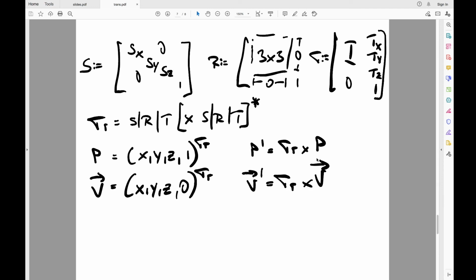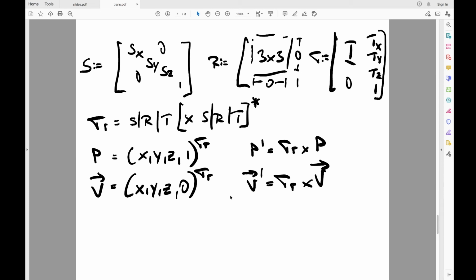Likewise, we can also transform vectors, the exception being that the column vector consists of the x, y, and z components of the original vector, and the w component is 0. Then we perform the same matrix-vector multiplication in order to obtain the transformed vector.